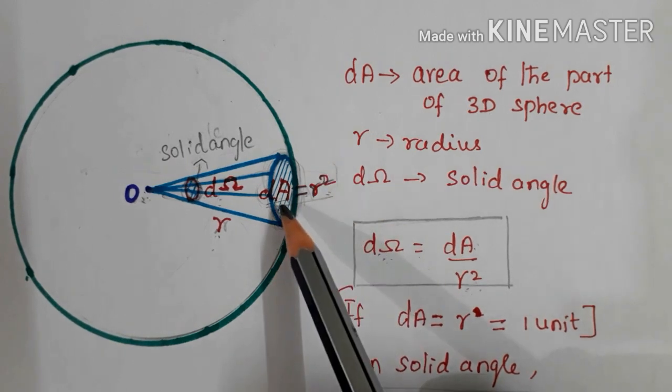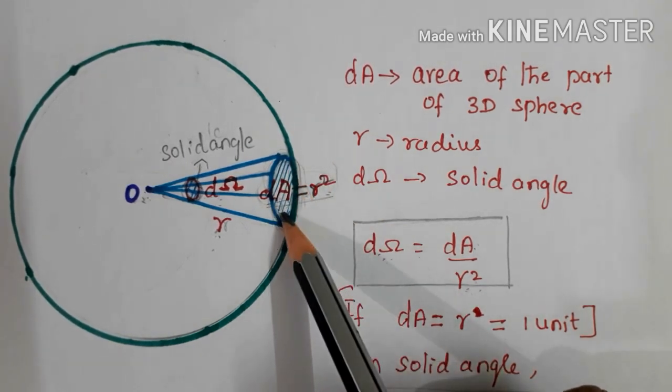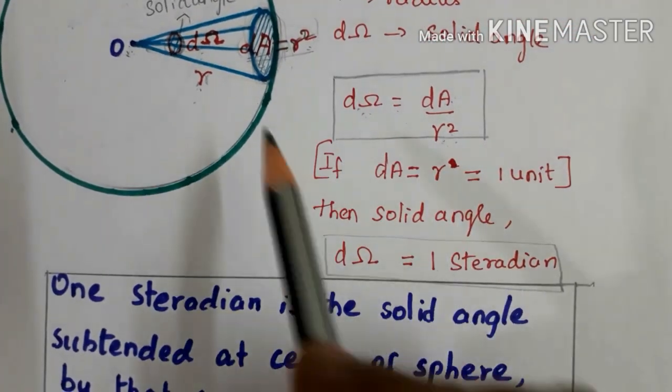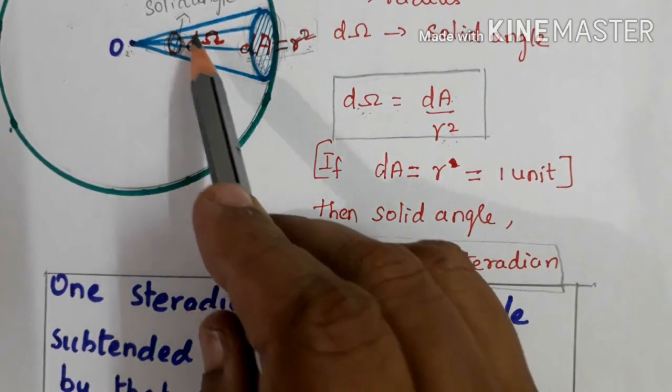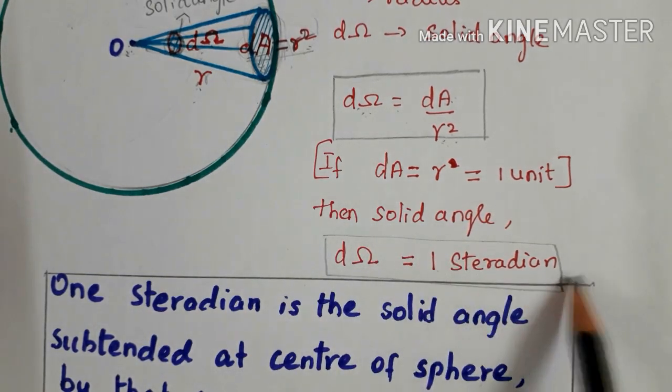Now if you give the condition, when this area I have shaded, dA, is equal to the square of the radius, both are equal, dA is equal to R square, then this solid angle d omega we call 1 steradian.